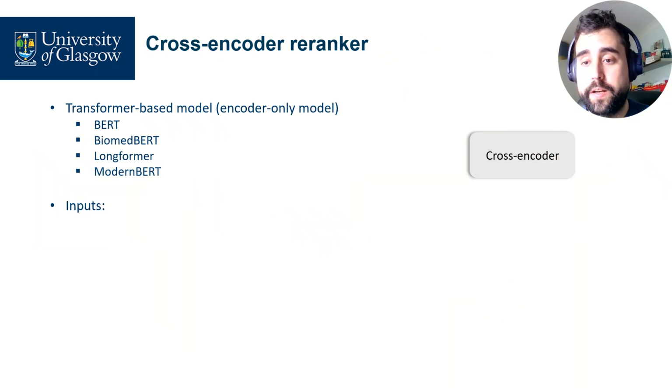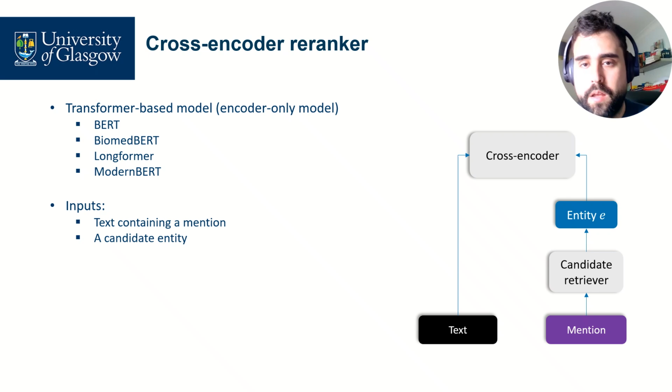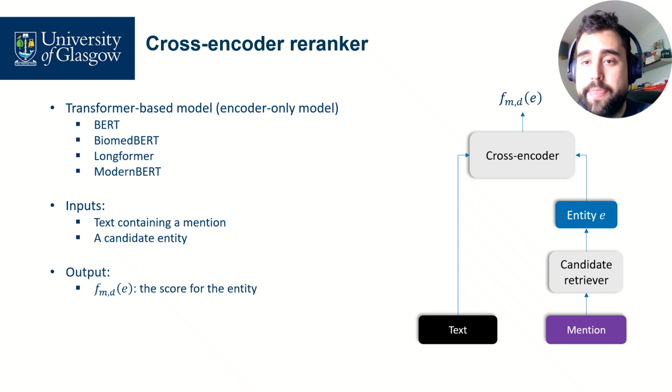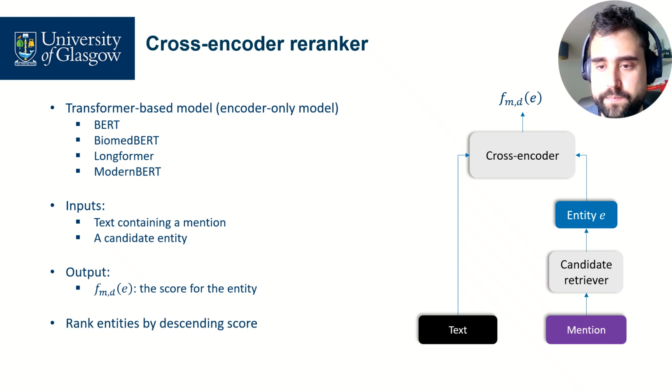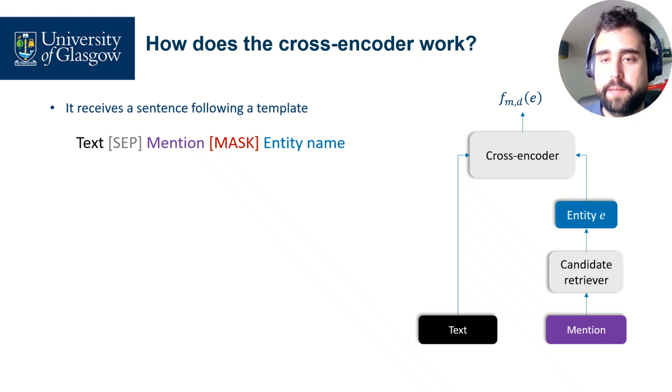A cross-encoder here is an algorithm that uses a transformer-like base model, like BioMedBERT, and receives as input a text containing the mention and a candidate entity. The cross-encoder just outputs the score for the entity, and then the different candidates for a single mention are ranked by descending score. To do this, the transformer receives a sentence following a template like this, and tries to provide a value to the mask token.